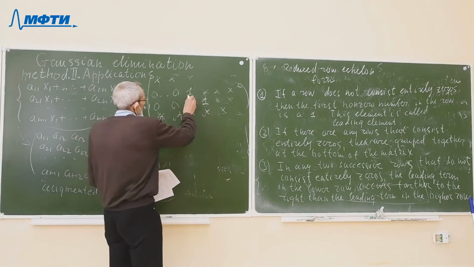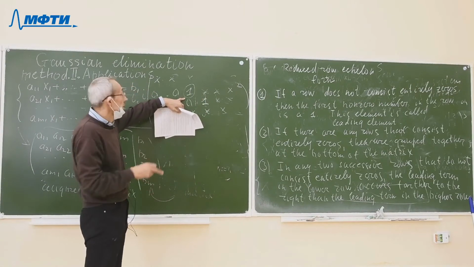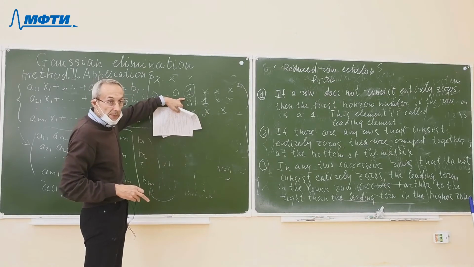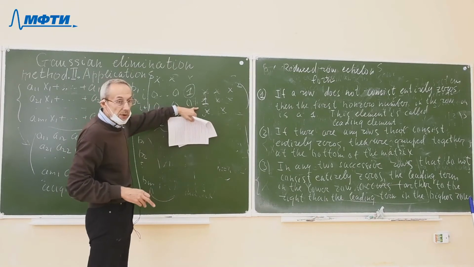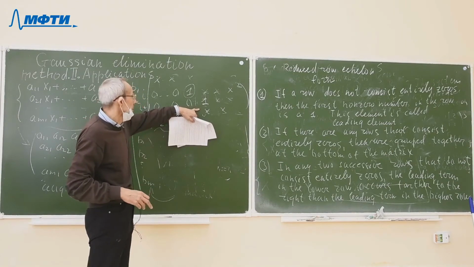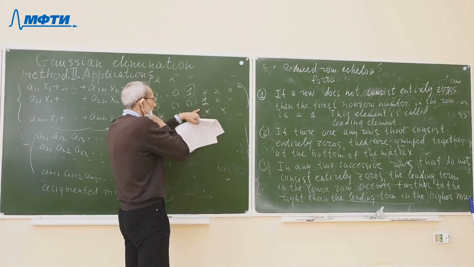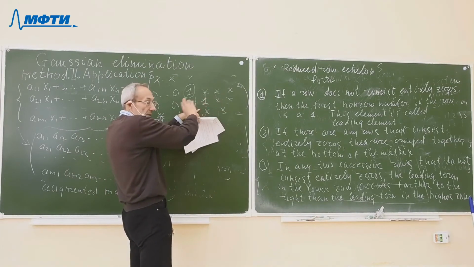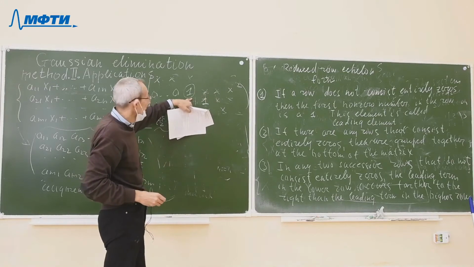And in the first row we have the first non-zero element. By definition, this element is equal to 1. In the second row, the leading element, which is also equal to 1, lies farther right relative to this element.